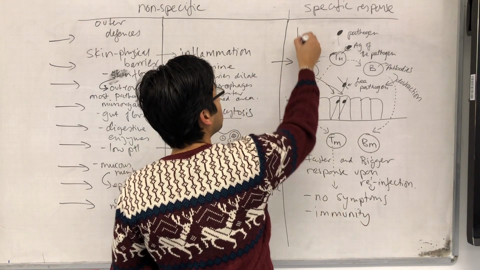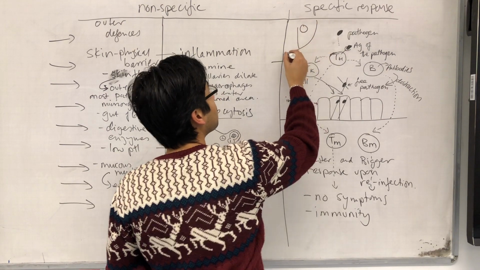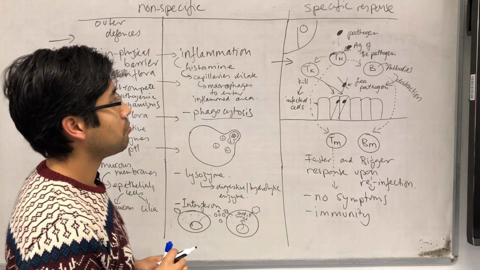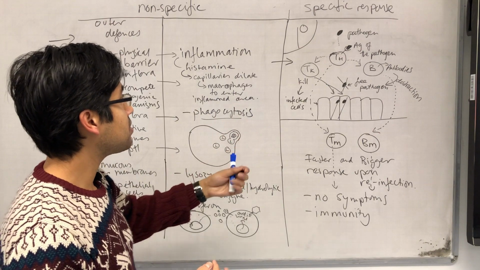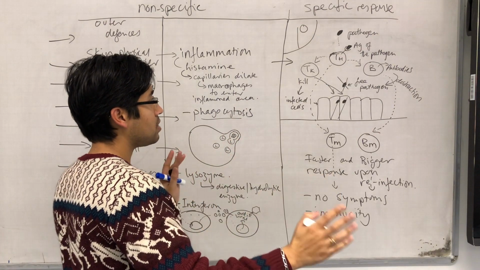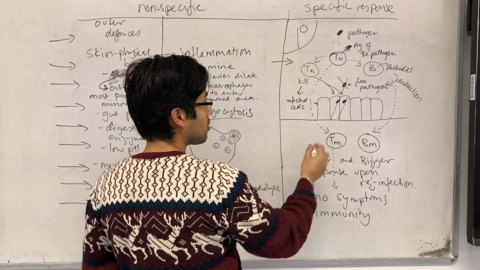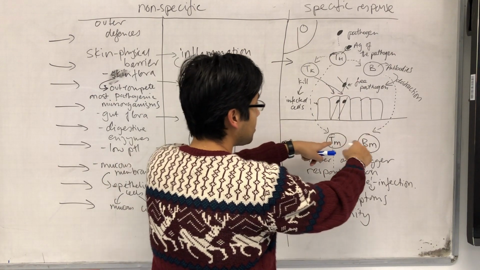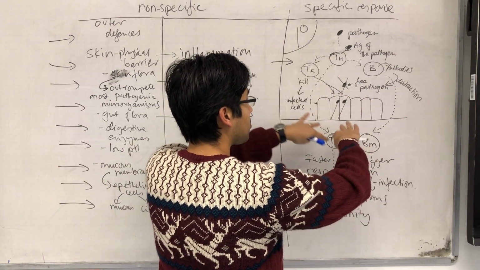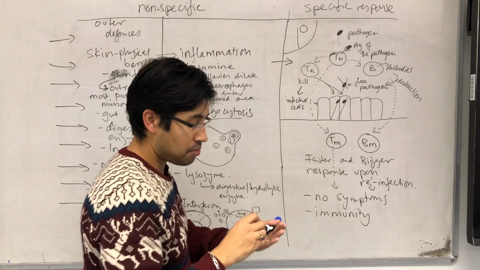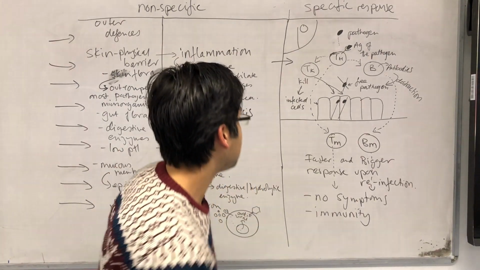So this is what we refer to as a primary response. The pathogen activating the T helper cells, the T killer cells, B cells, antibodies, that's all part of the primary response.